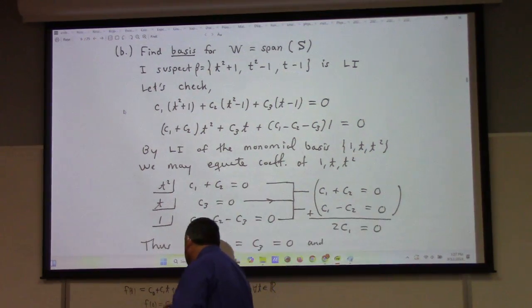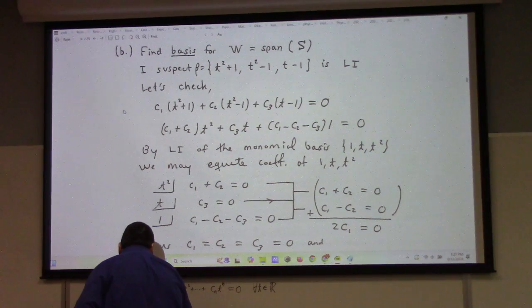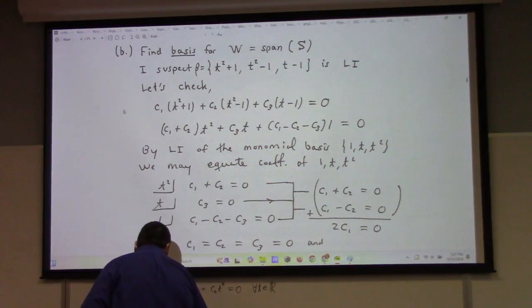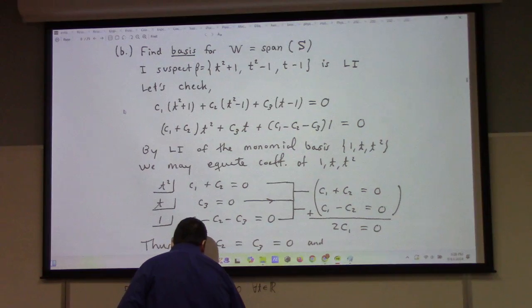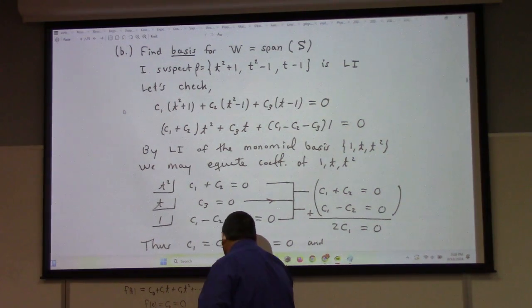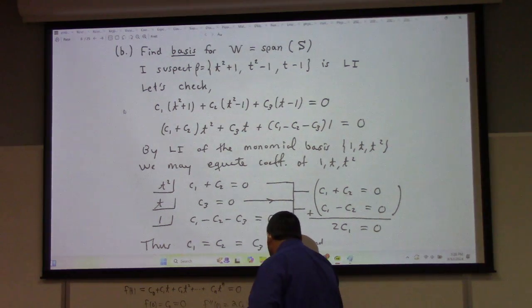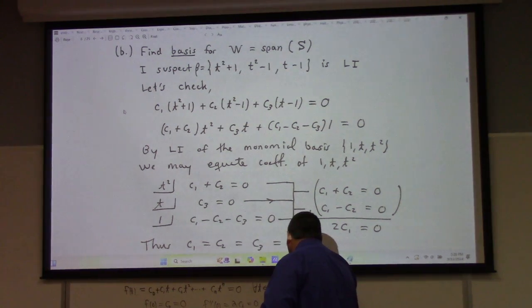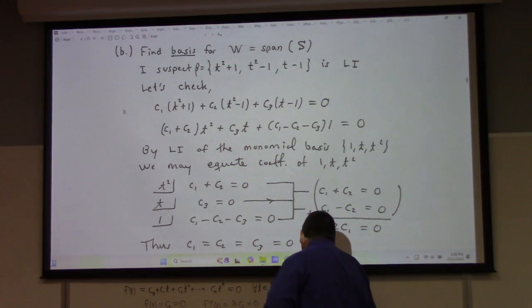Differentiate, yes. So f prime of 0 is equal to c1, which is equal to 0. And then f double prime of 0 is 2 c2, which is equal to 0. And this continues. The nth derivative evaluated at 0 is n factorial times cn, which is equal to 0.